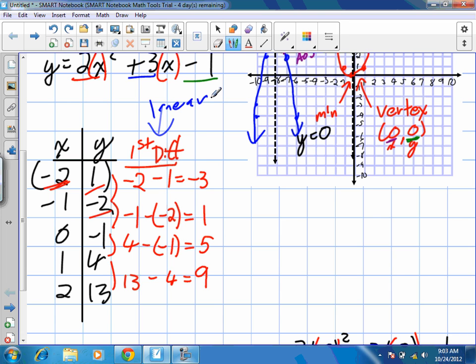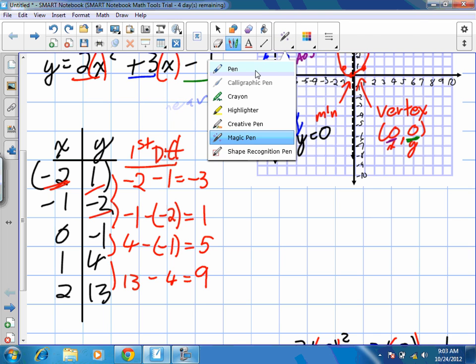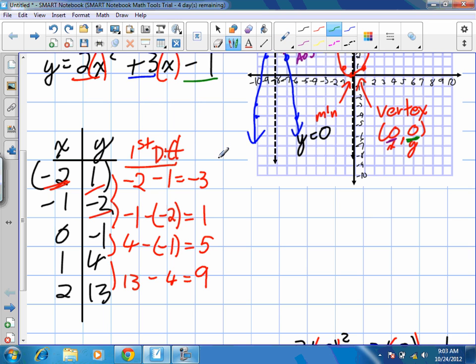So what we do next is we test with second differences. Second differences is when we take the values of the first differences in the same pattern and go through them. So 1 subtract negative 3. What is that going to give us? 4. 5 subtract 1. 4. 9 subtract 5.